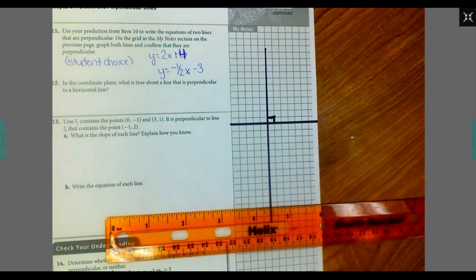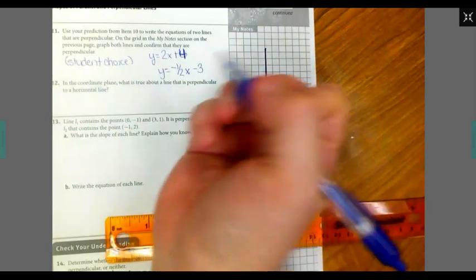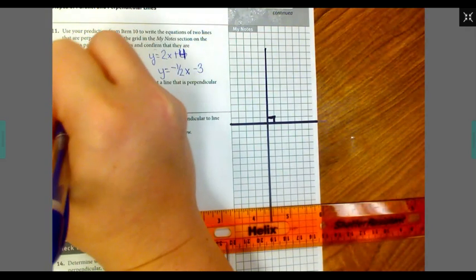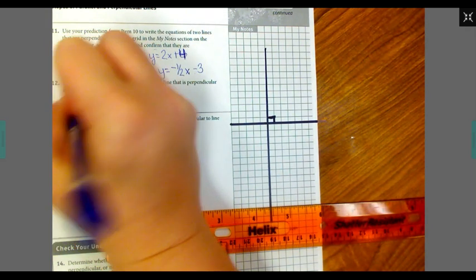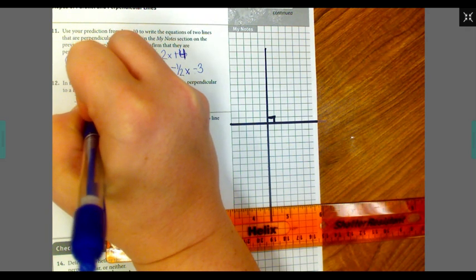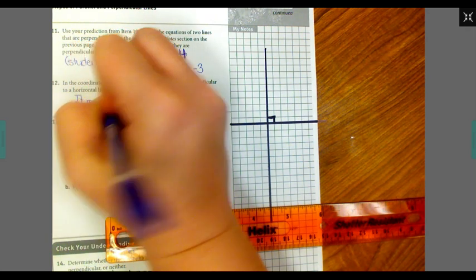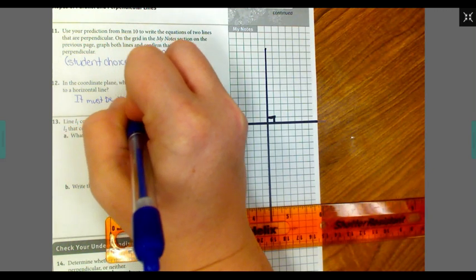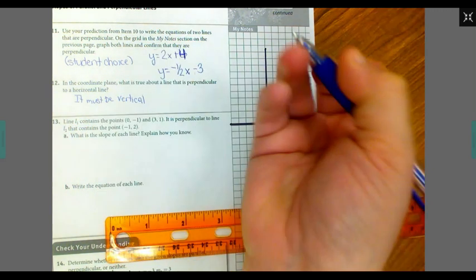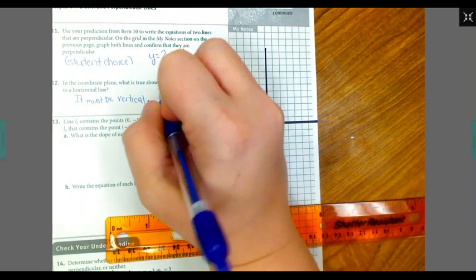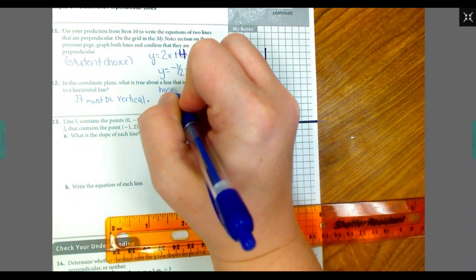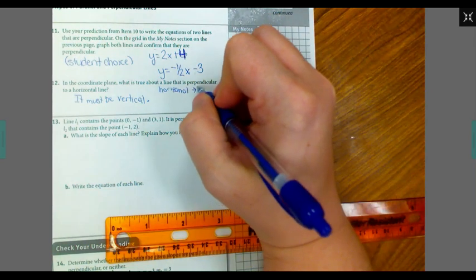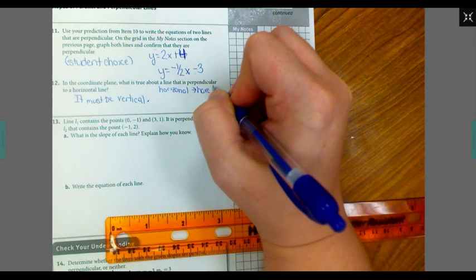So, in the coordinate plane, what is true about a line that is perpendicular to horizontal? It must be vertical. Remember that horizontal lines have zero slopes.